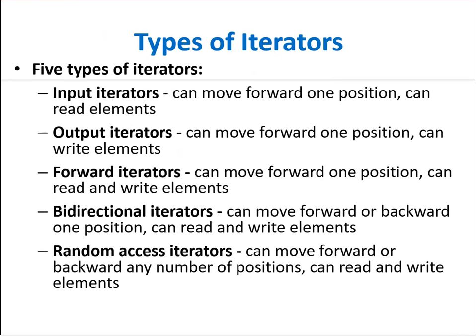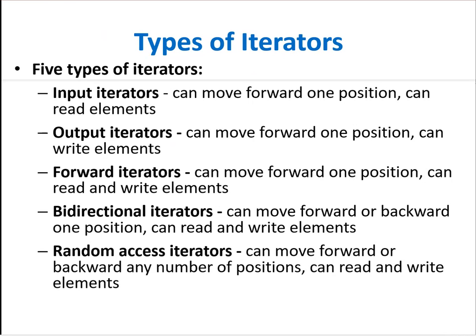There are five different types of iterators supported in STL: input iterator, output iterator, forward iterator, bidirectional iterator, and random access iterator. Based upon its name, the input iterator is used to provide input, and it can move forward one position and read one element.